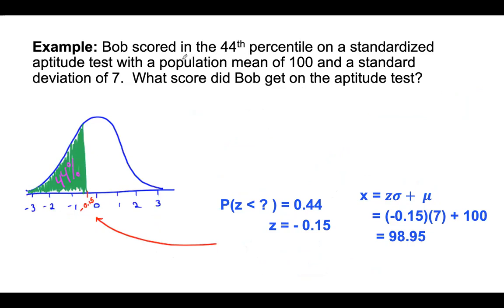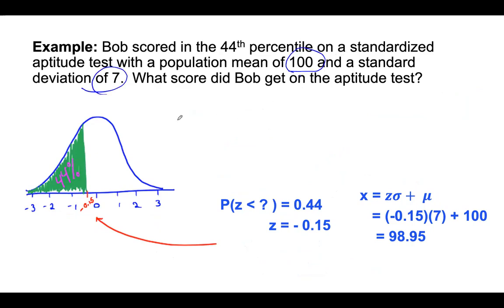So let's say Bob, we have a Bob, and scored 44% percentile. I like the name Bob, actually, on a standardized aptitude test with a population mean of 100 and a standard deviation of 7.